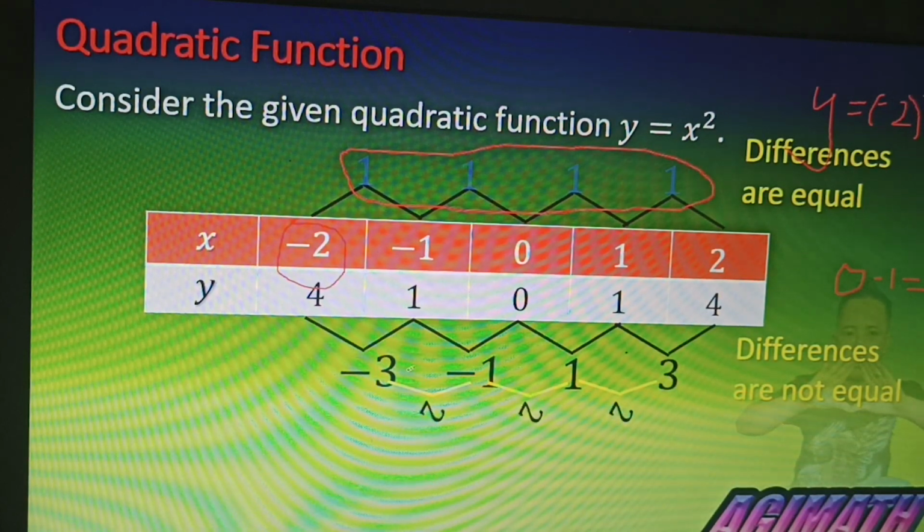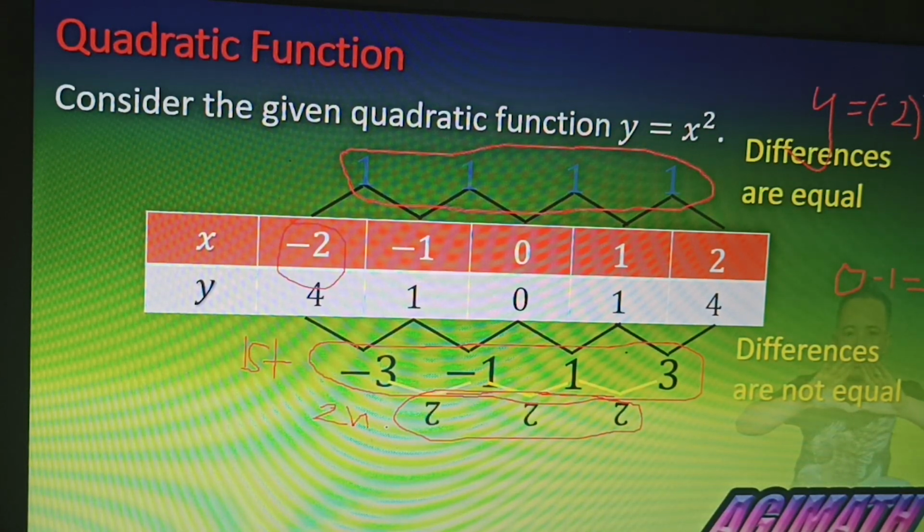So, this group of differences, we can call them the first differences. And this one, the equal differences, we can call the second differences.